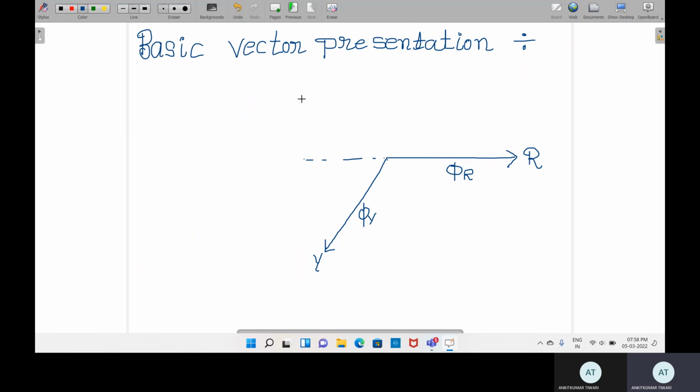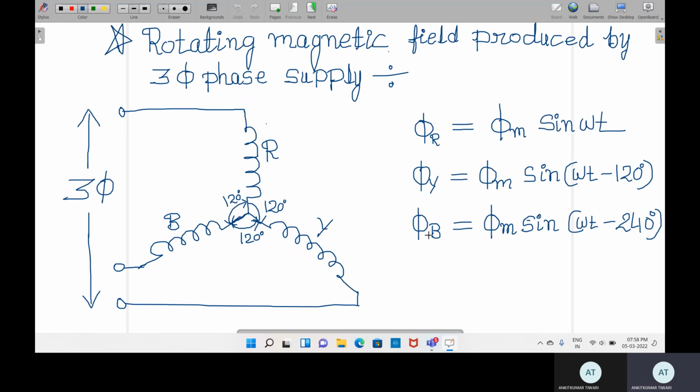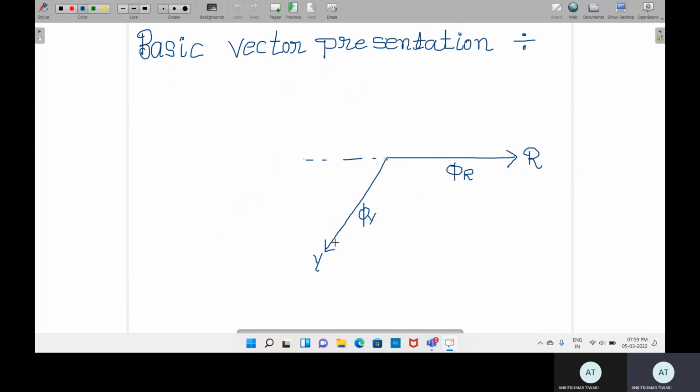So our next coil will produce the flux phi B, and phi B is at 120 degrees from phi Y, or 240 degrees from phi R. So let me consider right now phi Y. We have to consider a displacement of 120 degrees from phi Y. So from phi Y, we have to consider 120 degrees.